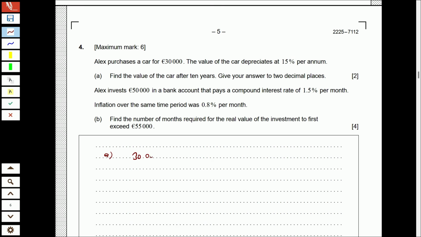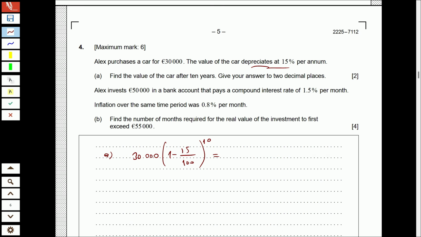So his car is now 30,000 euro, but its value depreciates, which means that every year it's decreasing by 15%. And we are looking for the value of this car in 10 years, right?